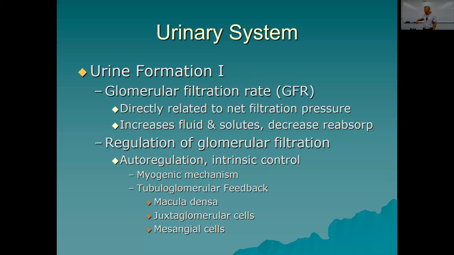The macula densa cells will tell the mesangial cells, we've got to slow down GFR, secrete this vasoconstrictor. The vasoconstrictor will cause constriction of the afferent arteriole, and this will slow down GFR, slow down the conveyor belt, and we will have auto-regulated GFR. Okay.